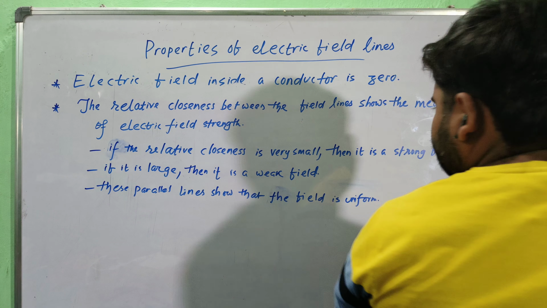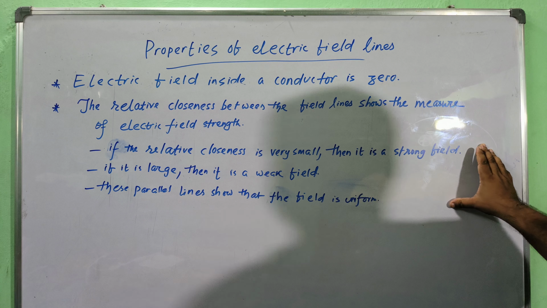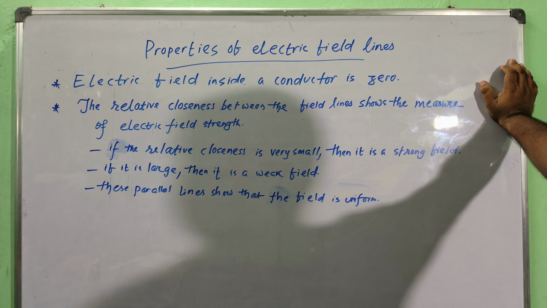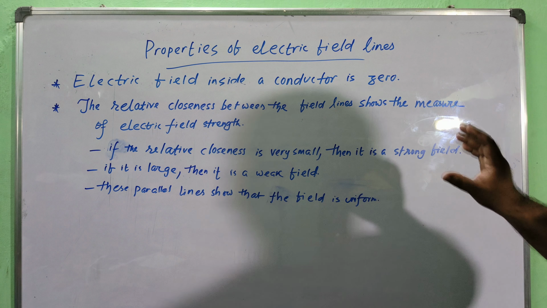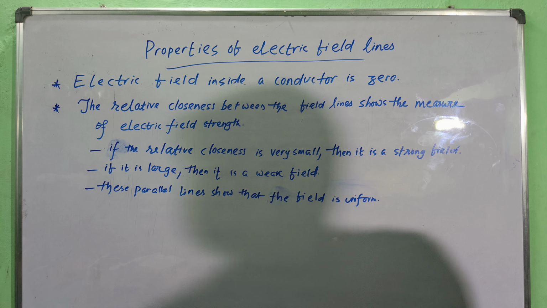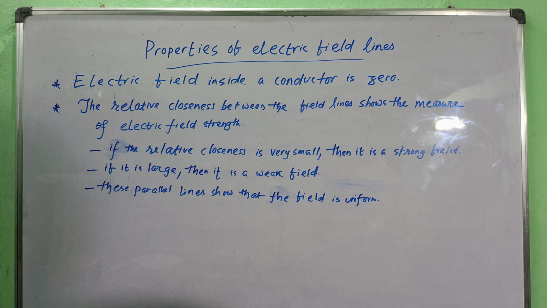These are not the properties to note if someone is asking about the properties of an electric field. This is your property. We are just deriving some notes from this line. Okay, so it is good.